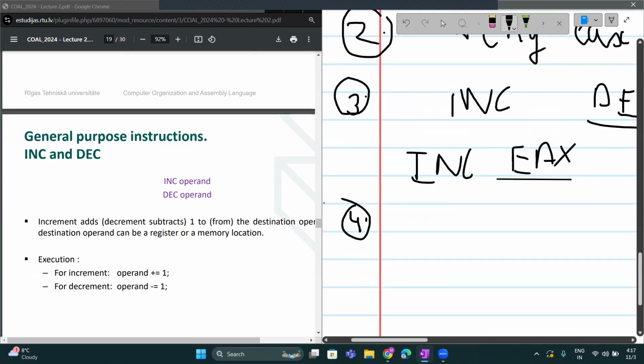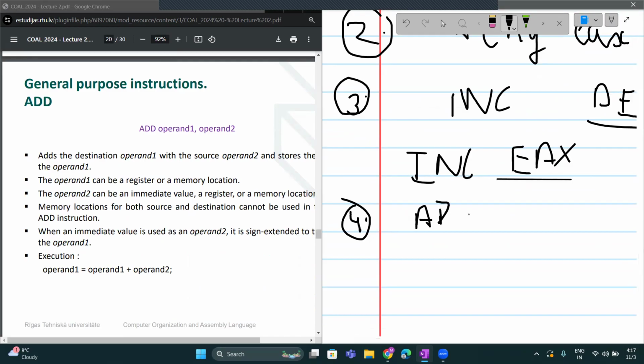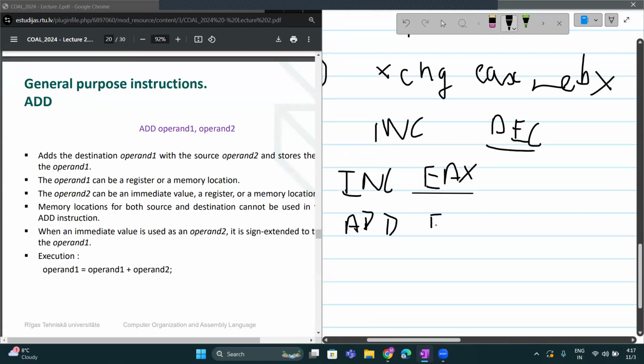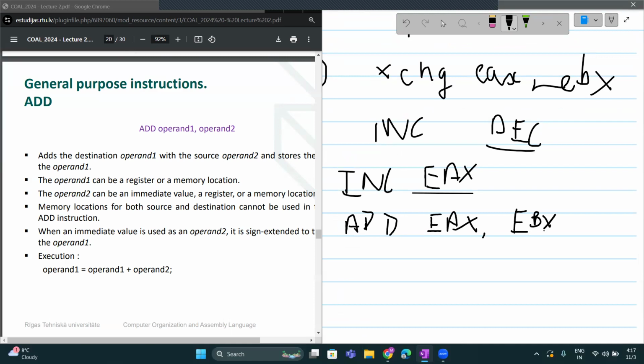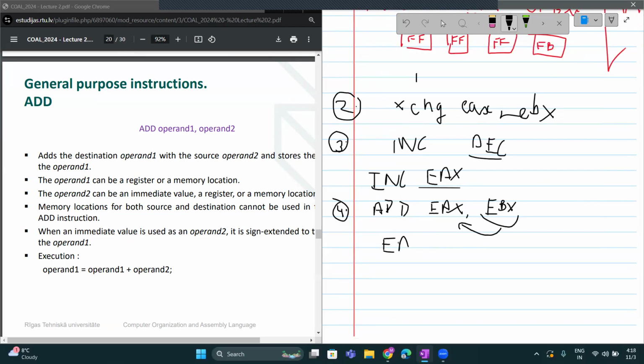Let's quickly move on to the fourth, that is add. As the name suggests, it adds values. A simple way it can add is add EAX, EBX. What it does is add the EBX value to EAX, and it is saved inside the first operand.